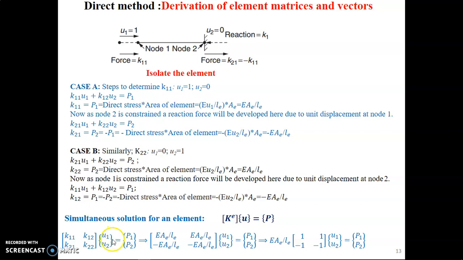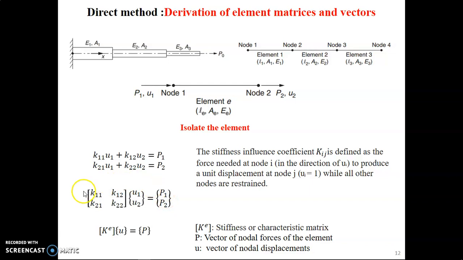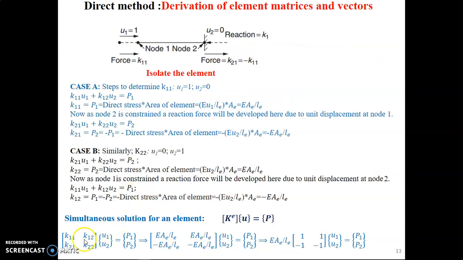So now the simultaneous solution for the element we have already expressed in the matrix form. Now we will be substituting the values of K11, K12 and the other stiffness coefficients in this matrix form. We will be getting the values as EA by L, and the coefficients within the matrix will be reduced to 1, minus 1, minus 1 and 1.